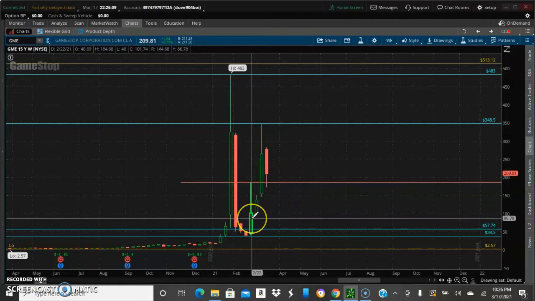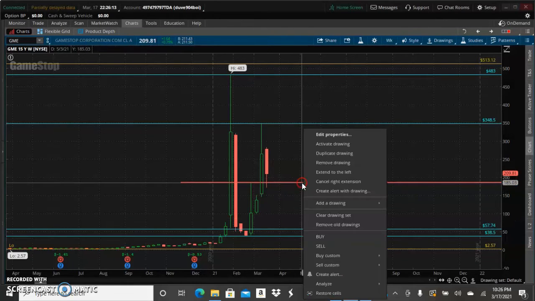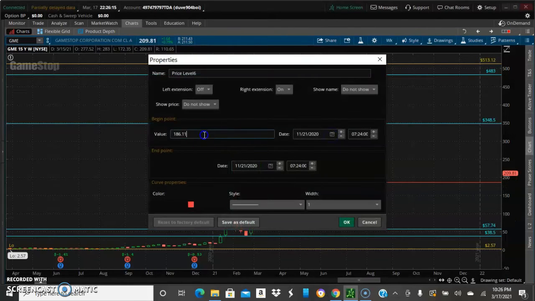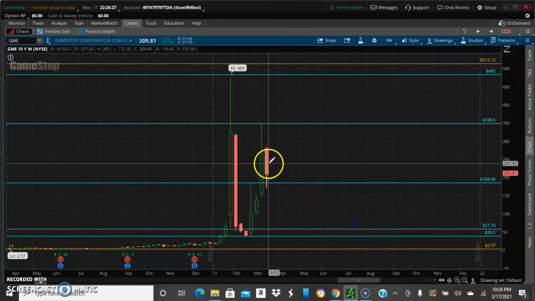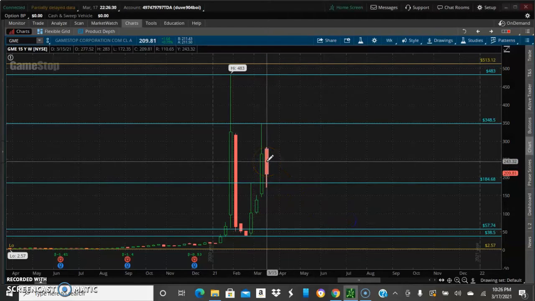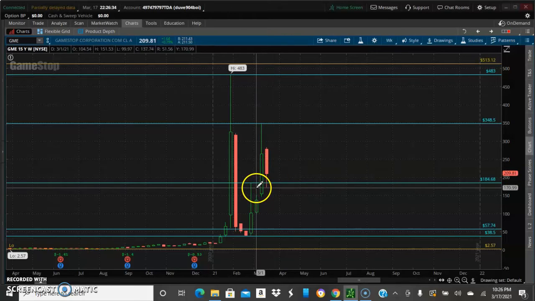So we go to this high here, 184.68. And we go right here to this low here, 172.35.